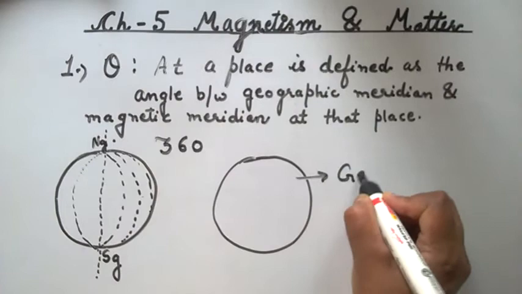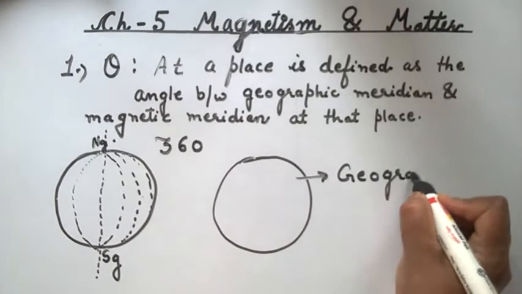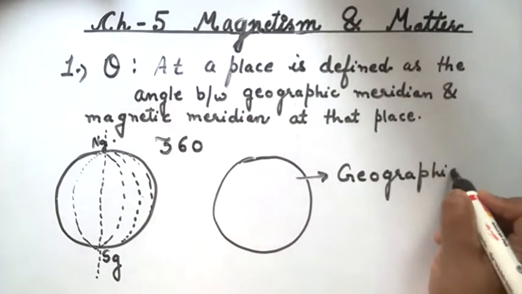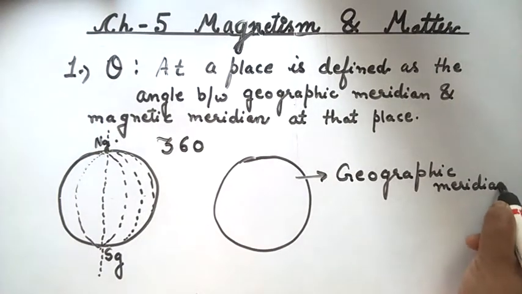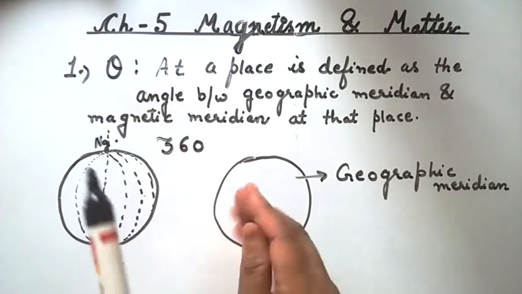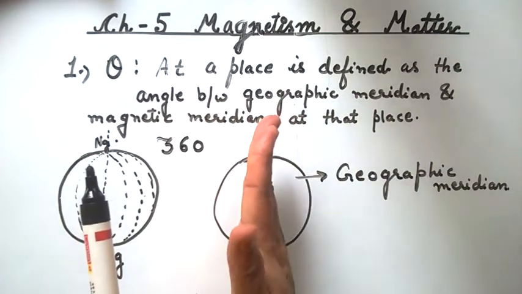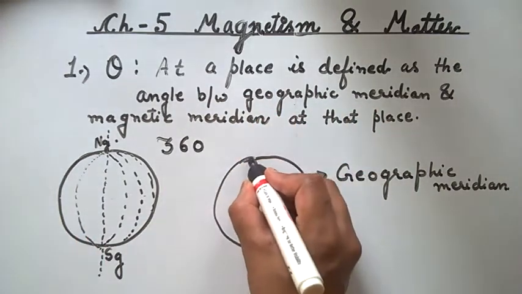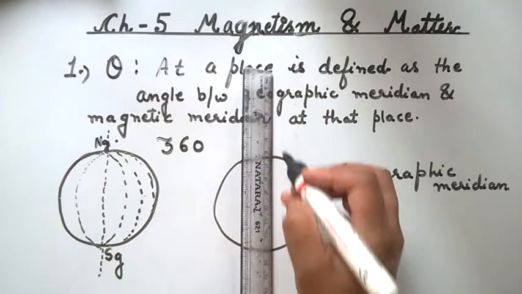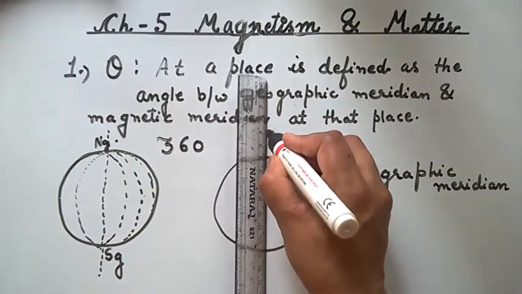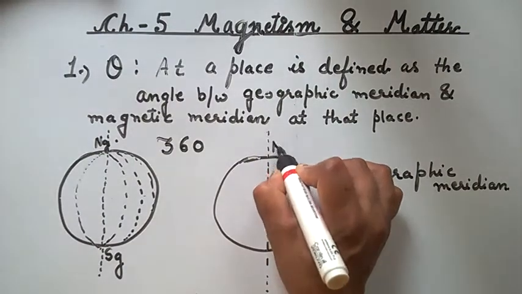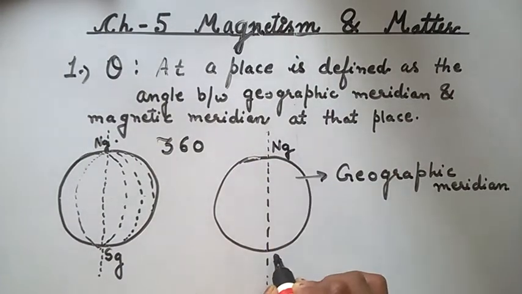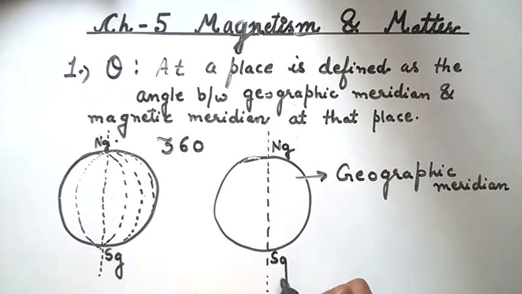So this is geographic meridian. It will look like a straight line when viewed from the top. It has two poles, geographic north pole and geographic south pole.